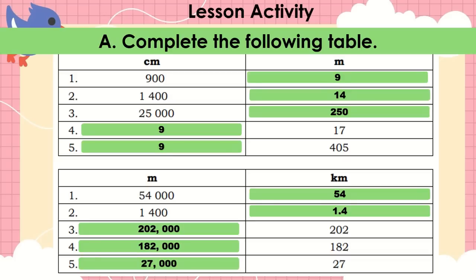For number 1, 9; 2, 14; 3, 250; number 4, 9; 5, 9. And for the second set, number 1, 54; 2, 1.4; 3, 202,000; 4, 182,000; and number 5 is 27,000.